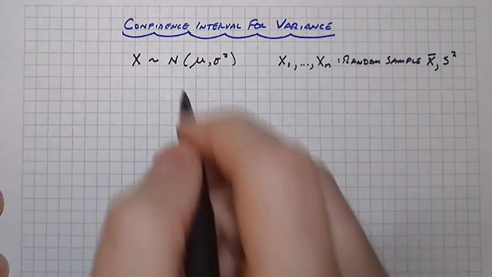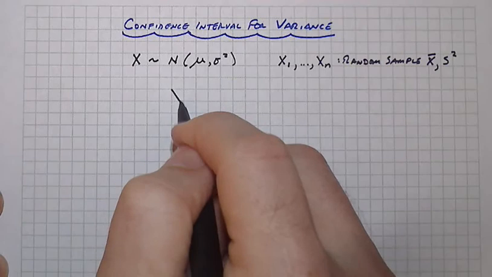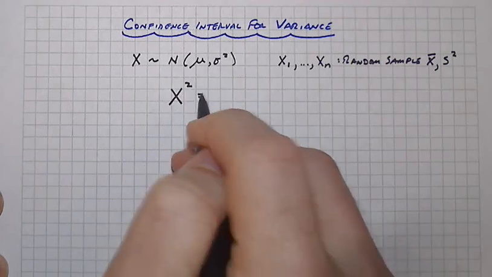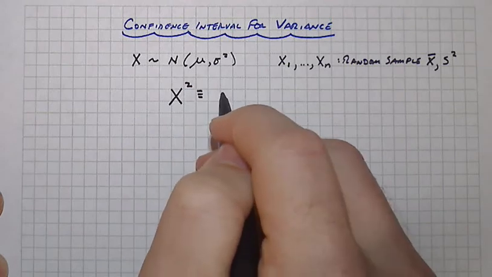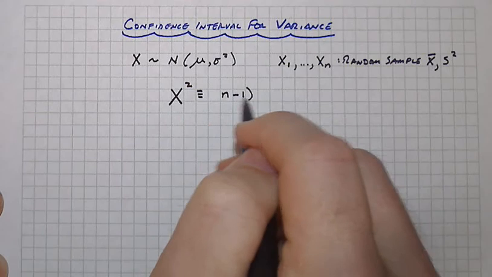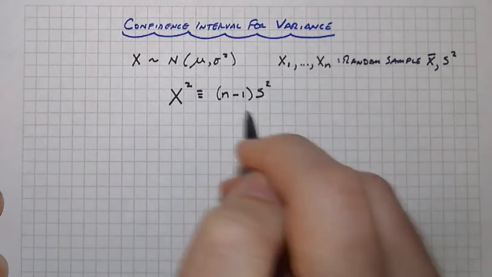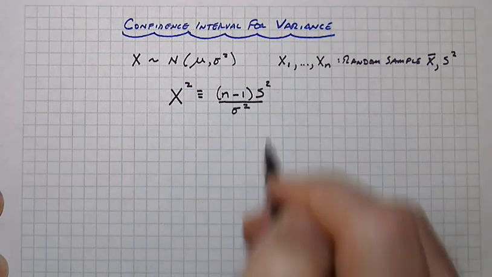Right, so what we're going to do is define yet a new statistic, chi squared, that's defined to be n minus 1 times s squared, that's capital S squared, over the population variance.